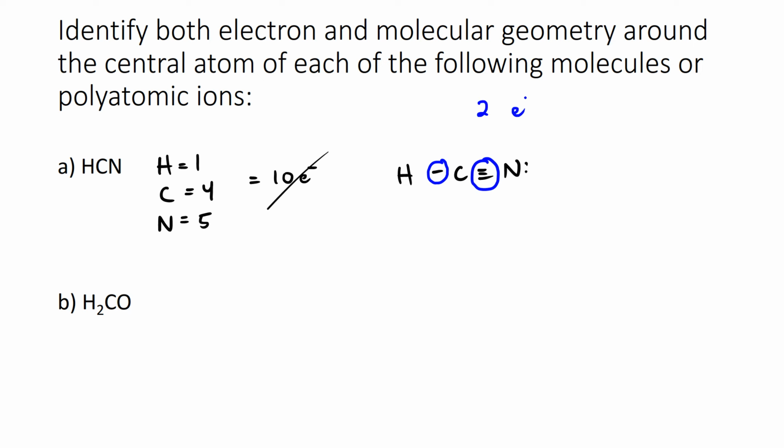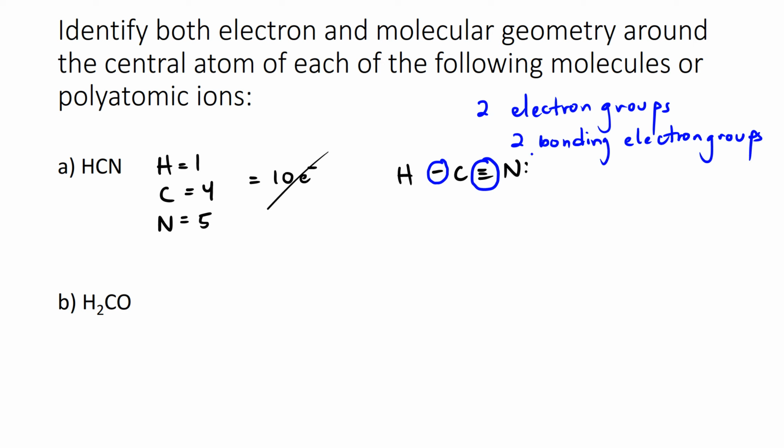So we'll say that this has 2 electron groups. Both of them are bonding electron groups. So we'll say 2 bonding electron groups, and we'll get into why this is important later.